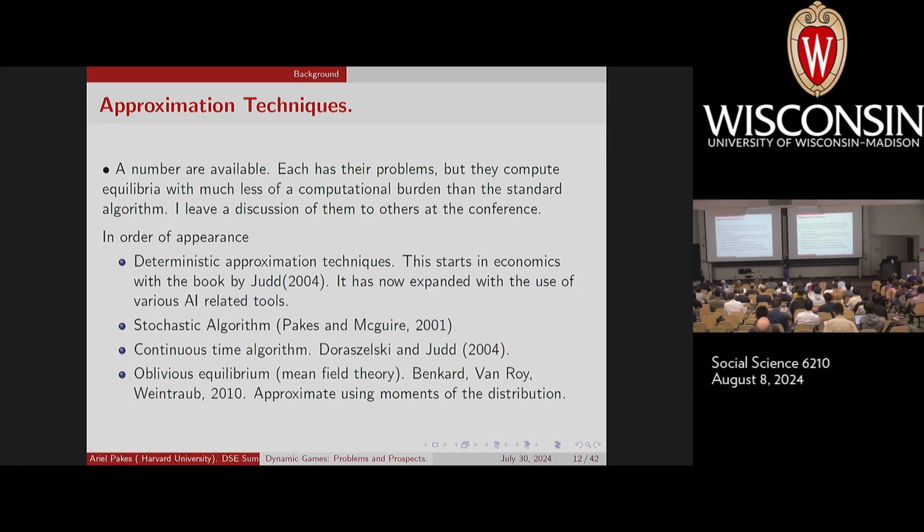Oblivious equilibrium is sort of a moment-based technique. I don't get everything, but I get moments. Deterministic approximation is just I use some set of basis functions and do it. Stochastic algorithm I'll come back to because I need to use it afterwards. And in continuous time, there'll be a hit to one person at a given time.